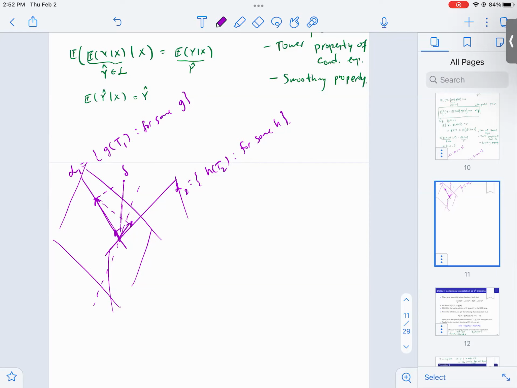These are going to be functions of both T1 and T2. So all the random errors can be written as both a function of T1 and a function of T2. That's another subspace, so this is going to be a projection onto that.